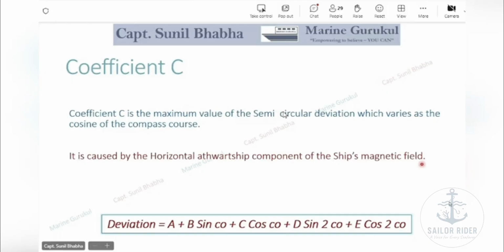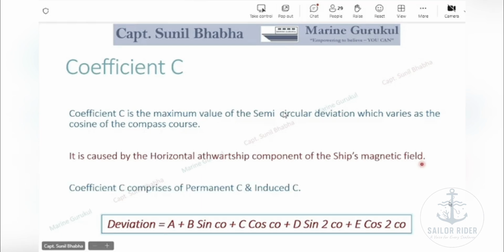Coefficient C is related to the Athwartship component of the ship's magnetic field. The last coefficient which we discussed, coefficient B, was dependent upon the fore and aft component of the ship's magnetic field, and coefficient C is dependent upon the Athwartship component.